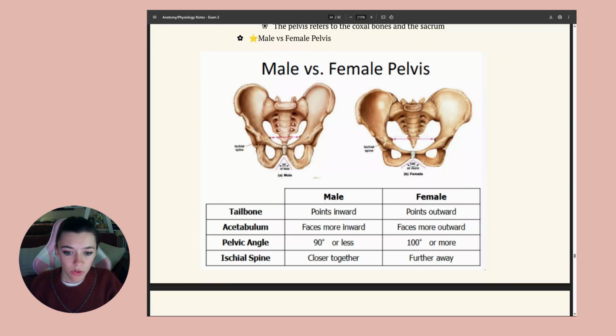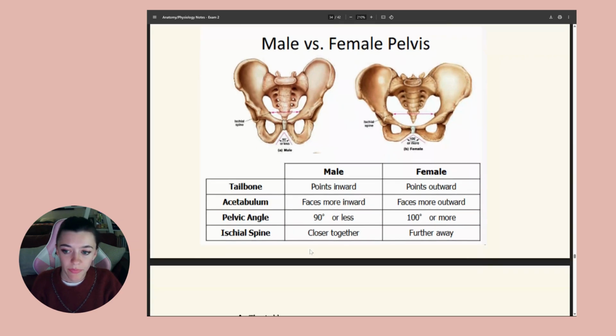So to recap, for male: inward tailbone, inward acetabulum, 90 degree or less pelvic angle, and close ischial spine. Females: outward facing tailbone, acetabulum faces more outward, pelvic angle is 100 or more, and ischial spine is further away.